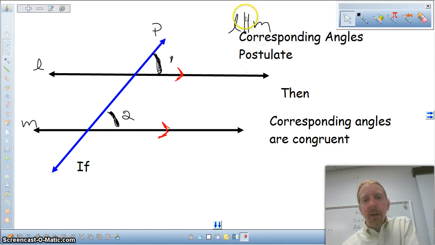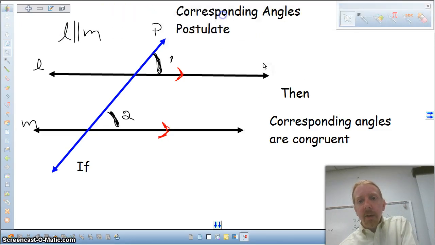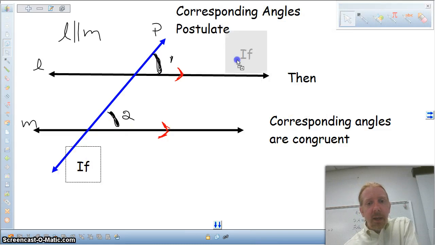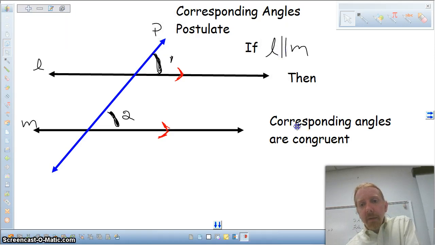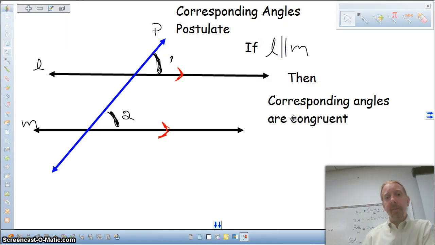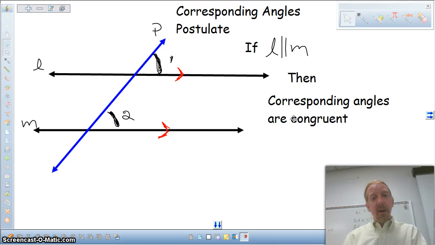So the corresponding angles postulate says if I have parallel lines, so I want to say if line L and M are parallel, then this consequence follows. And that's where we're ultimately headed with this. If I have parallel lines, what consequences are going to come from that? The corresponding angles postulate says that angles 1 and 2 are thus going to be congruent.